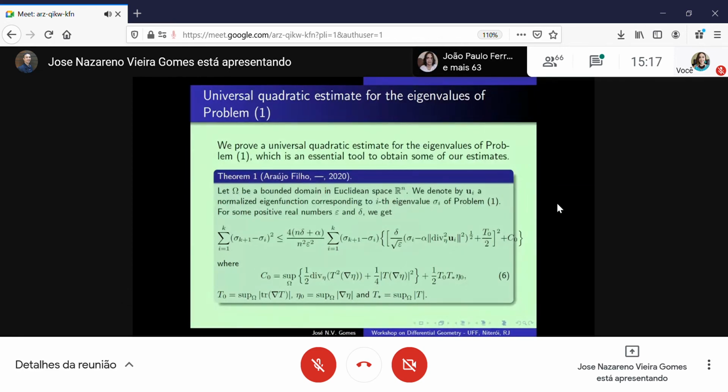Our first theorem is the universal quadratic estimate for the eigenvalues of problem 1. It's a very technical estimate, and the proof uses PDE, spectral theory, and Riemannian geometry.